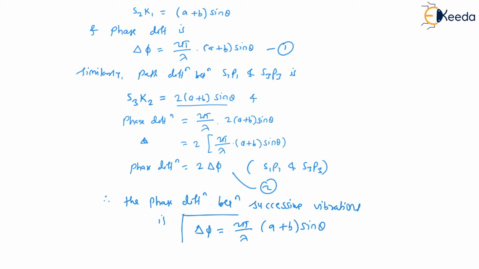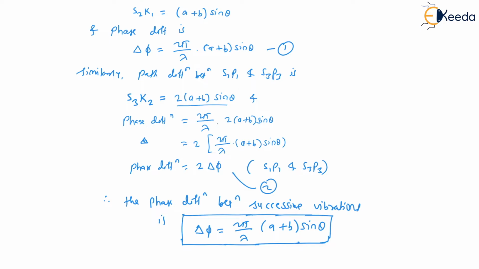So remember this equation, as this is the phase difference between any two successive waves. That is, you can say either between P1 and P2 or P2 and P3. In the same way, it is the phase difference between Pn and Pn minus 1.